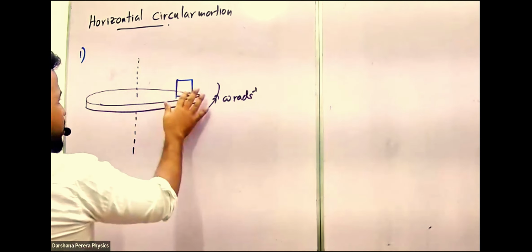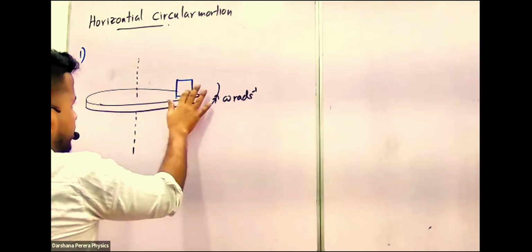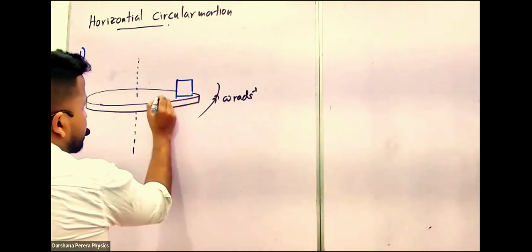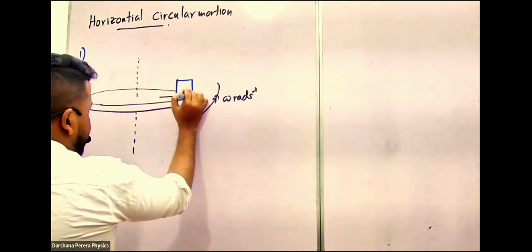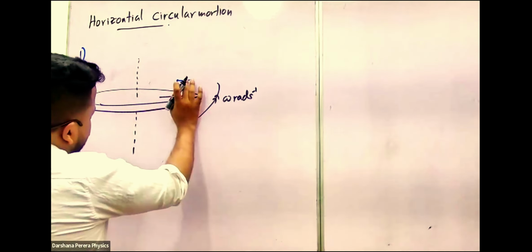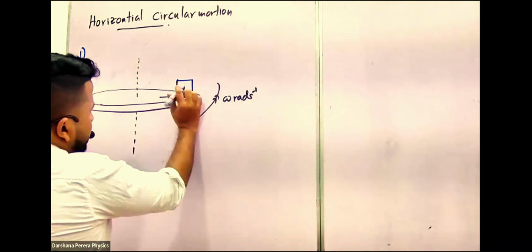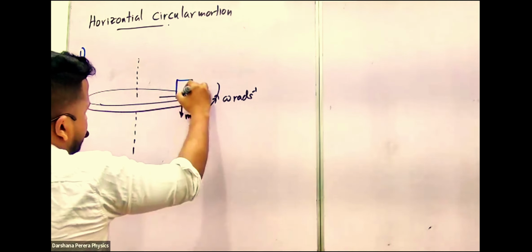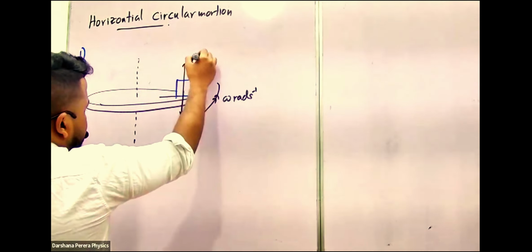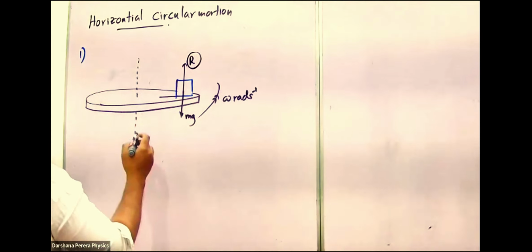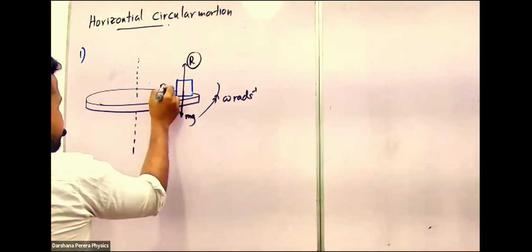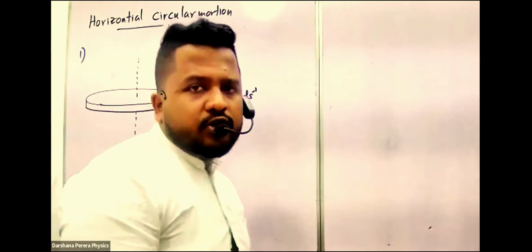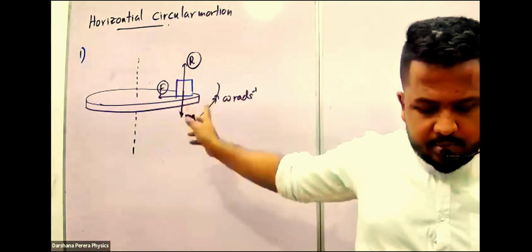When we place it like this, there is a radial component. We have to mark the forces. There is a mass, so weight mg, and the reaction force. While it rotates, there is a frictional force applying the centripetal force.